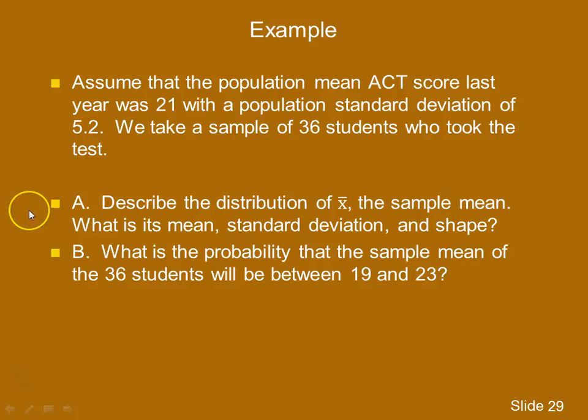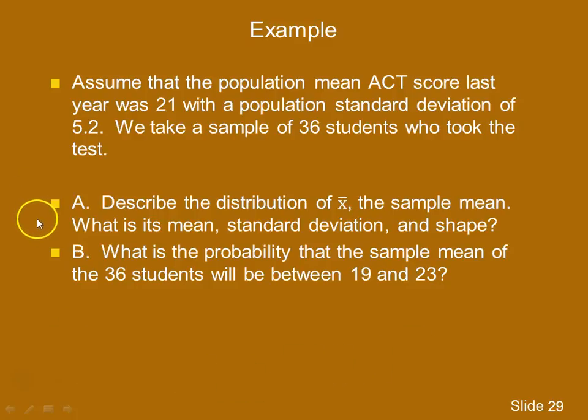That is, whenever I ask you to describe a sampling distribution, I want to know those 3 things. What is its mean? What's its standard deviation? And do we know its shape? Then secondly, I'm going to ask you a probability question. What's the probability that the sample mean of the 36 students will be between 19 and 23?